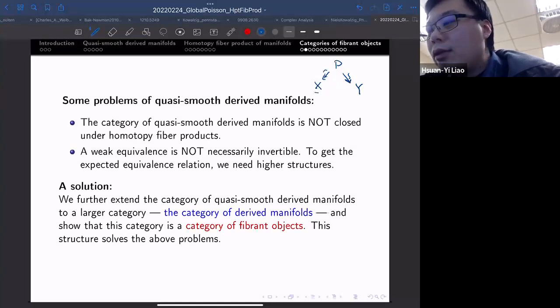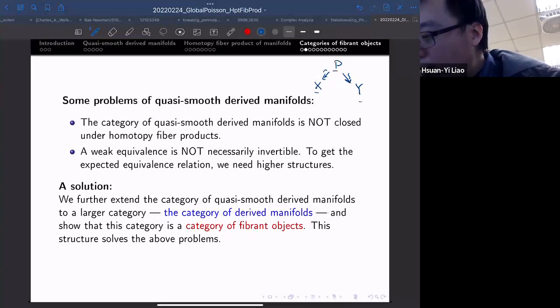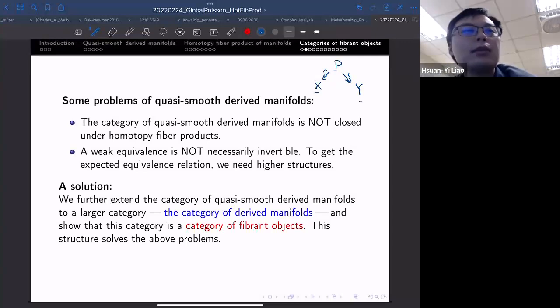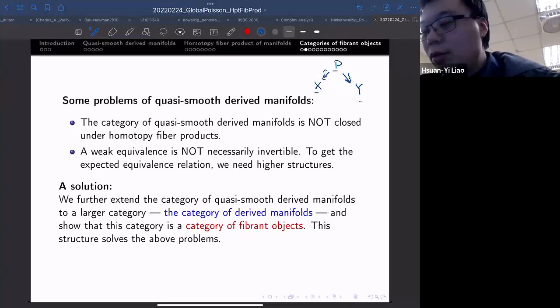And what is P? Here I use bundles, and actually I will use bundles of L infinity algebras. You can use derived manifolds, that also works. I think my bundles of L infinity algebras are the same as derived manifolds with certain degree restriction. And I try to keep this simple, so I choose to use bundles.